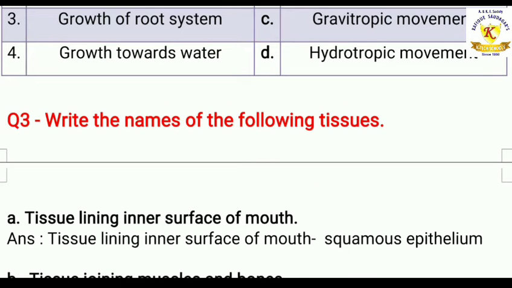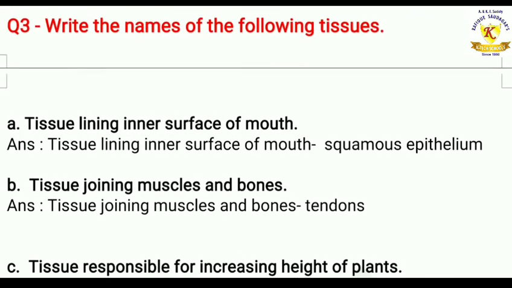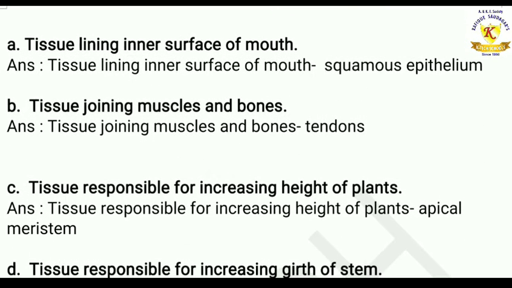Next, question number 3. Write the names of the following tissues. First one, tissue lining the inner surface of the mouth. Answer, squamous epithelium. B, tissue joining muscles and bones. Answer, tendons.